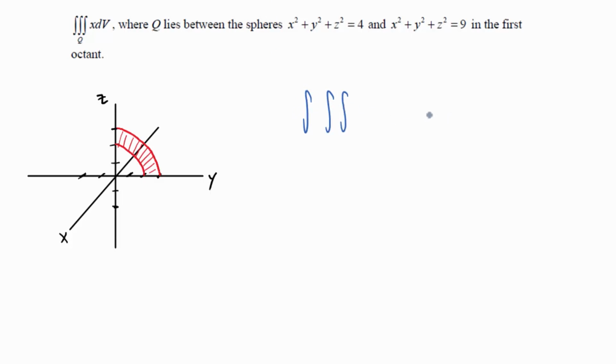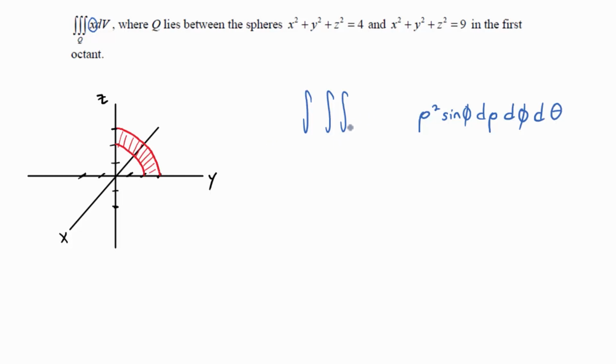So what's the volume element? I usually use d rho, d phi, d theta, but it really doesn't matter if you reverse d phi, d theta, even d rho. Usually the limits are constant, so it usually doesn't matter. And then there is an integrand here. What is that?